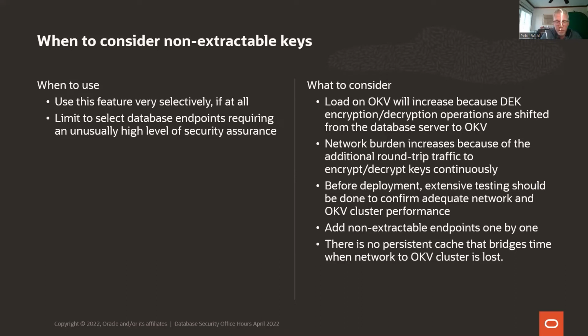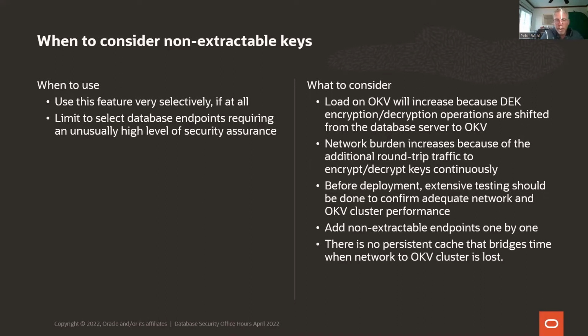So if your network goes down and your databases cannot see the OKV cluster anymore, there is database downtime because they cannot reach OKV. If you don't use the non-extractable keys, we put the keys into a persistent cache, which has a default expiration time of 24 hours.